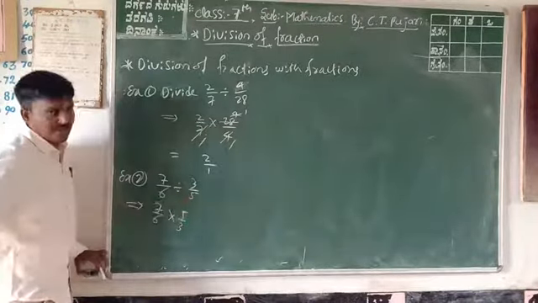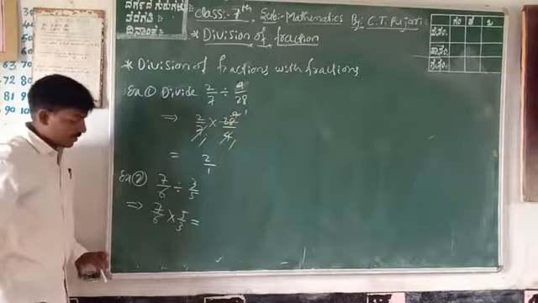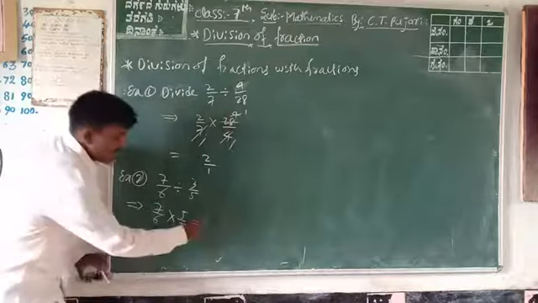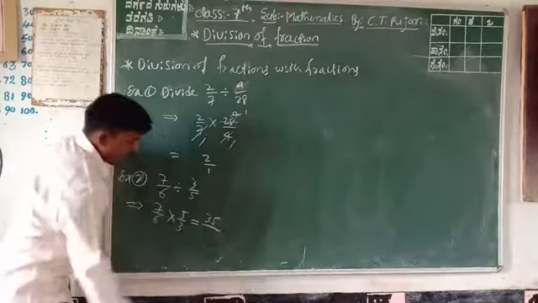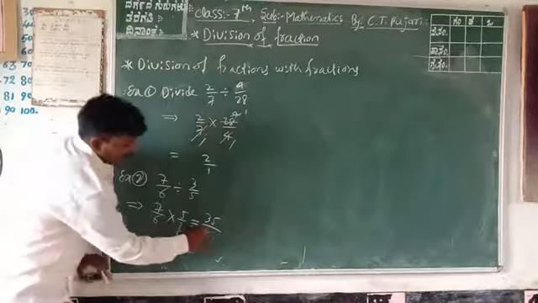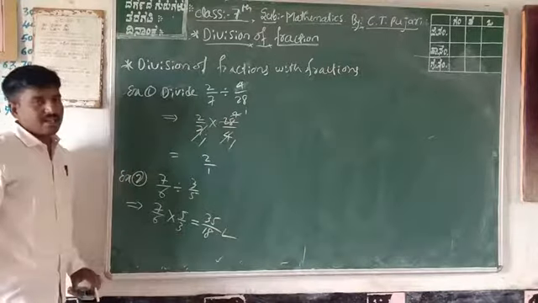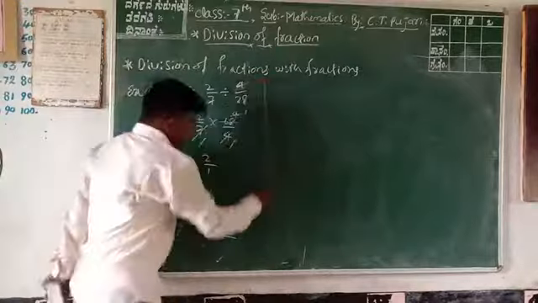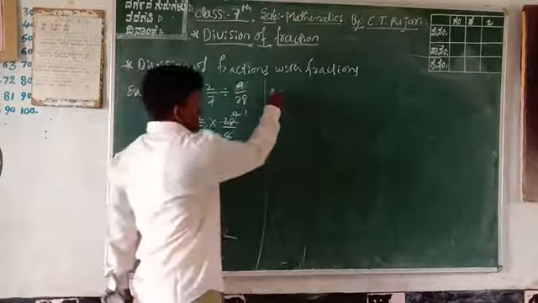Next, these two product means no cancellation. 5 sevens are 35, divided by 6 threes are 18. Answer is 35 by 18.